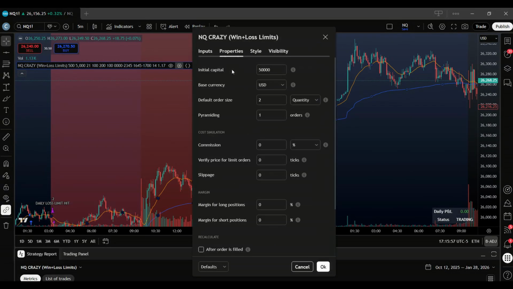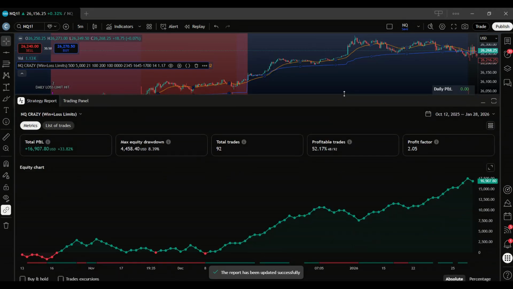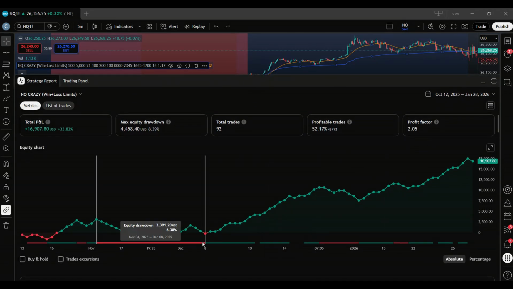On here, on the properties, this is to be realistic. 50k account, commission needs to be 0.6 per contract. Slippage, let's say 3 ticks, and then we can have a look at our profit. Here we go.